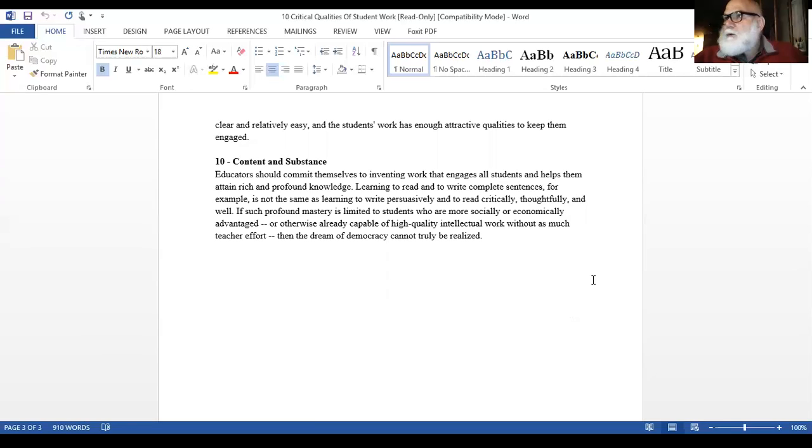The whole notion here is that education is a path out for everybody, or a way to achieve for everybody. And you've got to engage all students and find levels of work or types of work or strategies that work, differentiated strategies that allow all students to participate at whatever level they have.